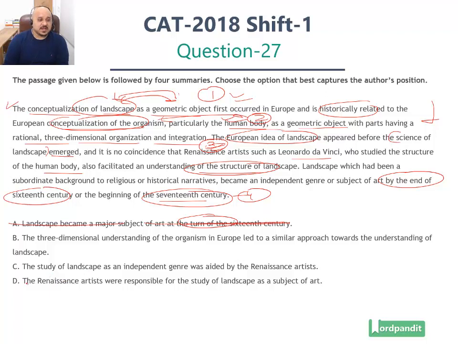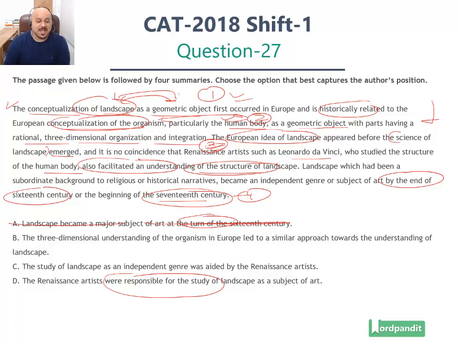Now options B, C and D. We study option number D first. The Renaissance artists were responsible for the study of landscape as a subject of art. Now option number D, you've got to be really careful. The option says Renaissance artists were responsible, whereas our passage says it is no coincidence that Renaissance artists such as this also facilitated an understanding.